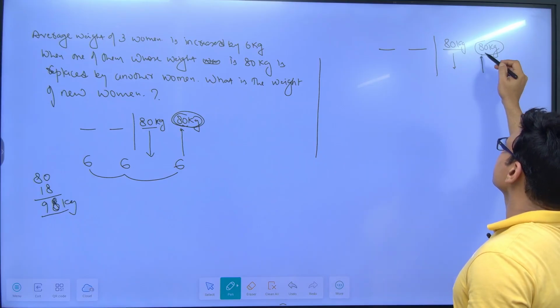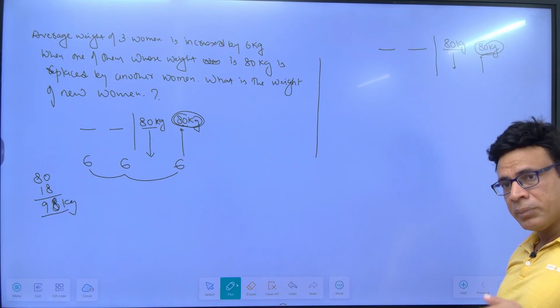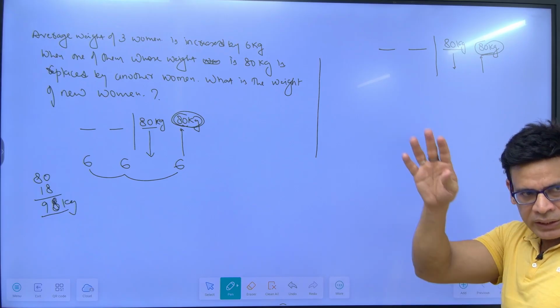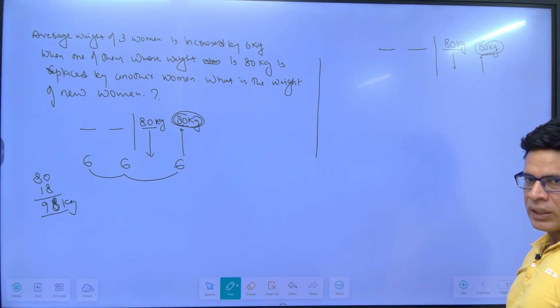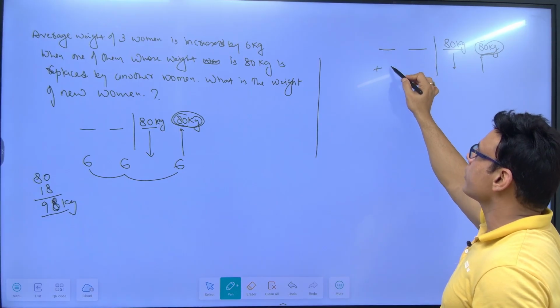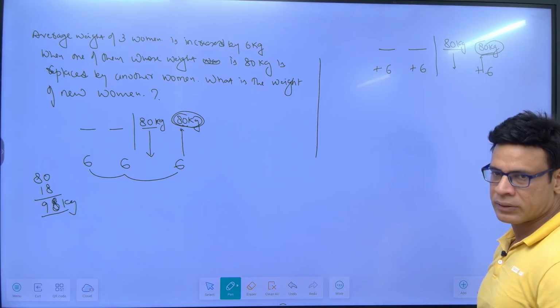So what this lady is doing, she will first keep the 80 kg with herself by maintaining the average, whatever is the initial average, right? She'll first keep 80 kg, and the extra she will divide equally, thereby increasing the average weight by 6, by 6, by 6.